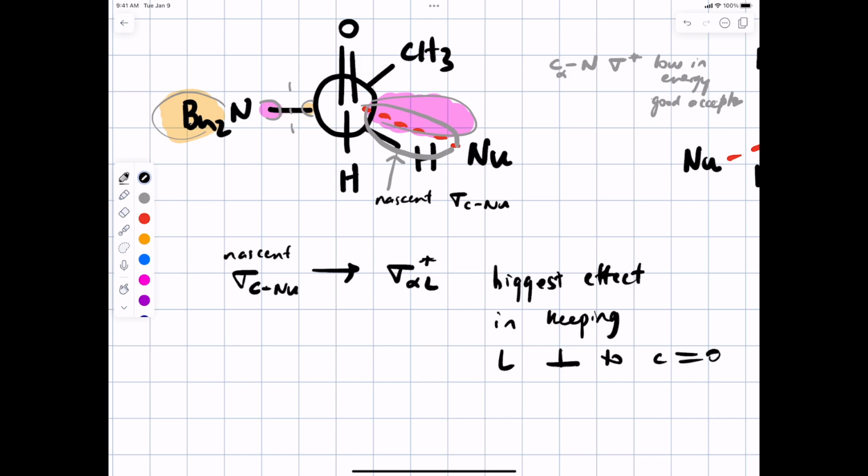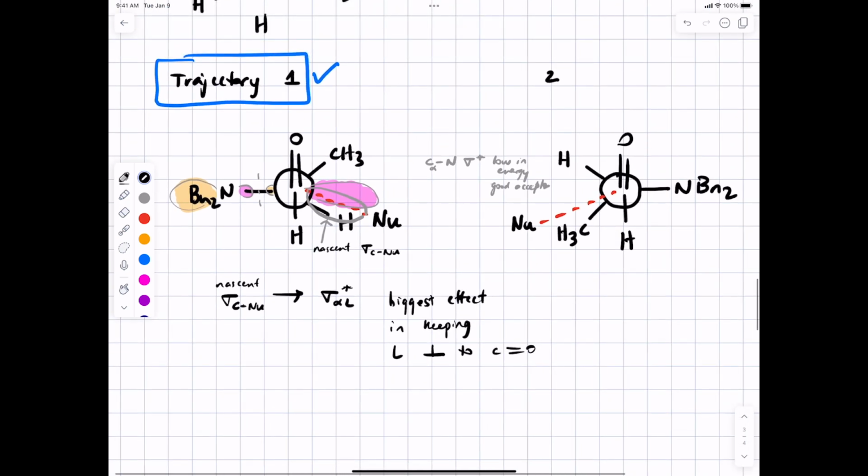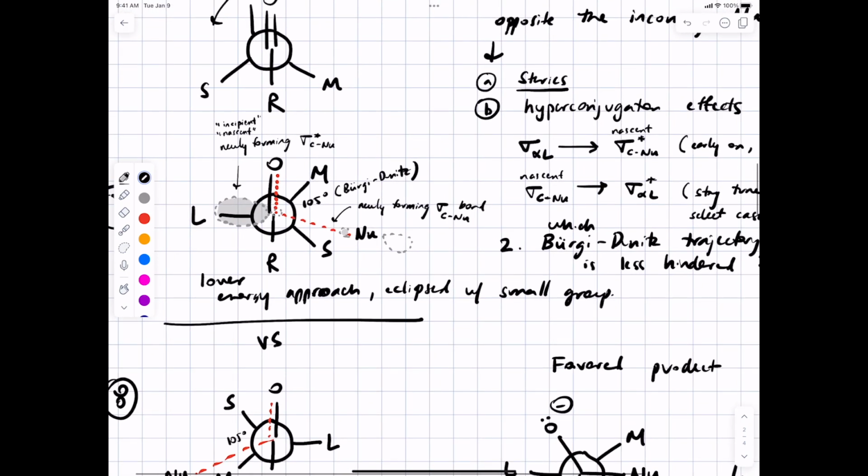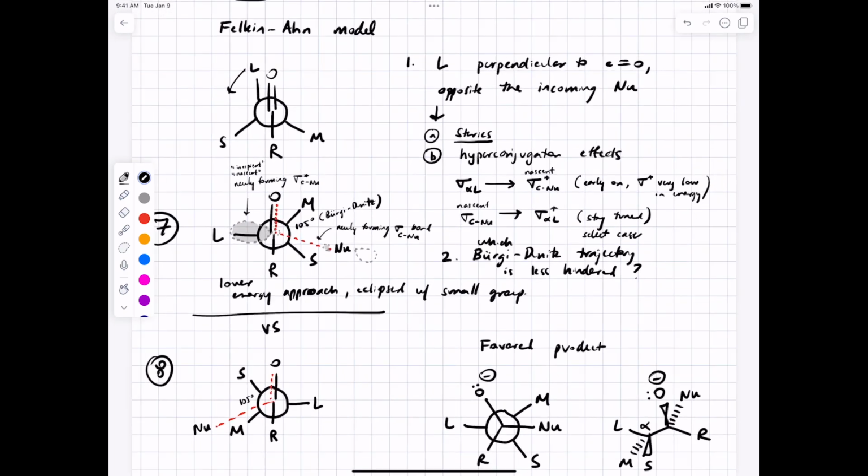Okay, so you can see there's two different ways of looking at it, and which you choose as the most reasonable way of looking at it is going to depend on context. Above, the major impact was sterics, and then in terms of electronics, we were thinking about donation of the adjacent sigma bond between alpha carbon and large group into the incipient or nascent carbon nucleophile sigma star.